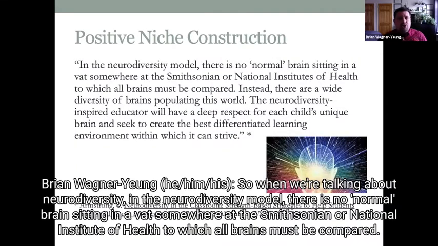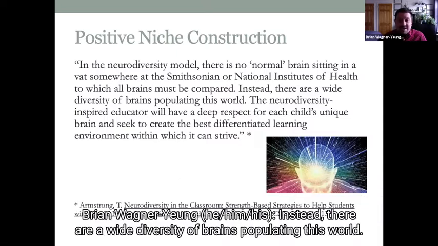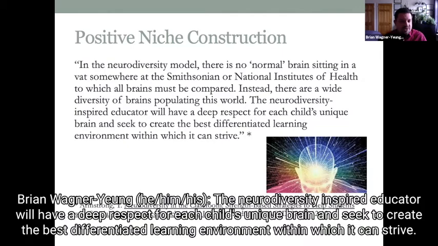In the neurodiversity model, there is no normal brain sitting in a vat somewhere at the Smithsonian or National Institute of Health to which all brains must be compared. Instead, there is a wide diversity of brains populating this world. The neurodiversity-inspired educator will have a deep respect for each child's unique brain and seek to create the best differentiated learning environment within which it can strive.